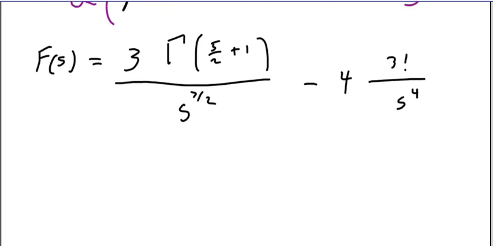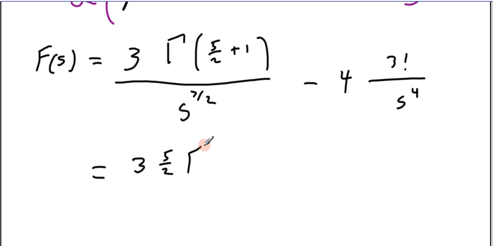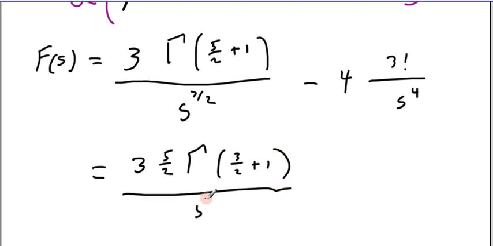Okay, so I have 3 times 5 over 2 gamma function of 3 halves plus 1 over s to the 7 halves, minus 3 factorial is 6 times 4, 24 over s to the 4th.